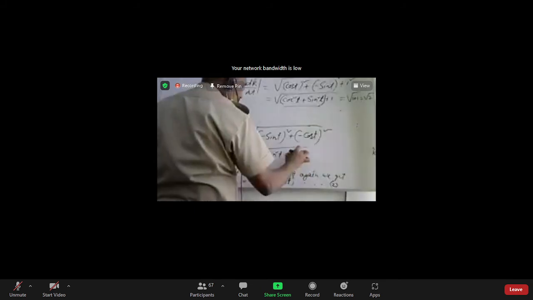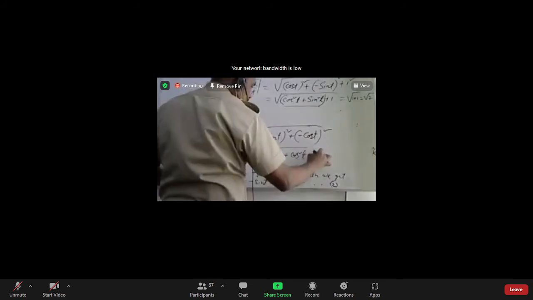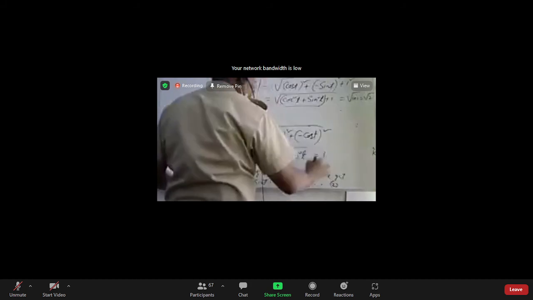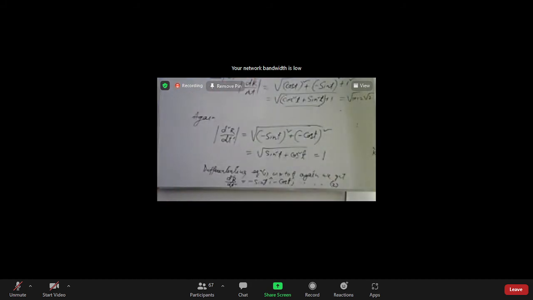This is equal to sin square t plus cos square t, so this is equal to 1. So we have got the magnitude of dr/dt is equal to root over 2 and d²r/dt² is equal to 1.